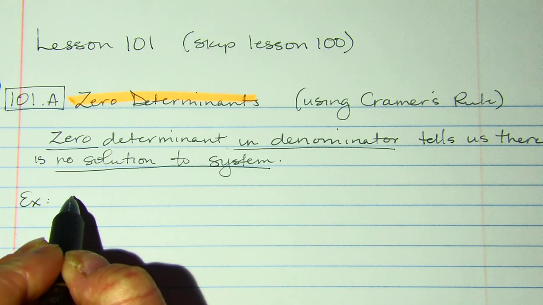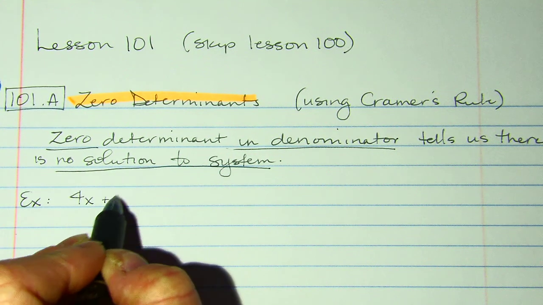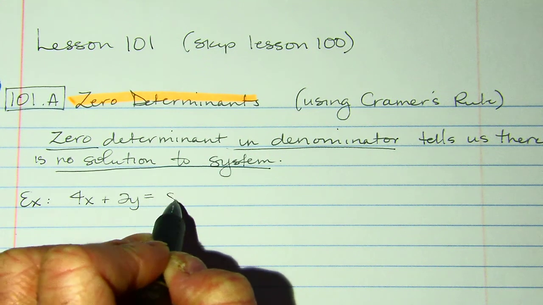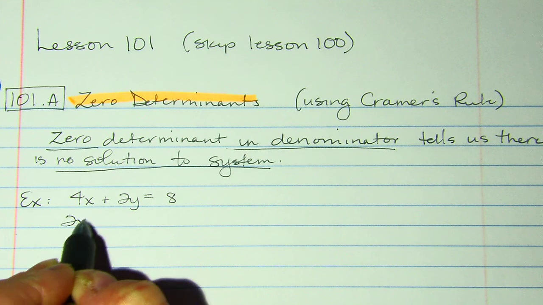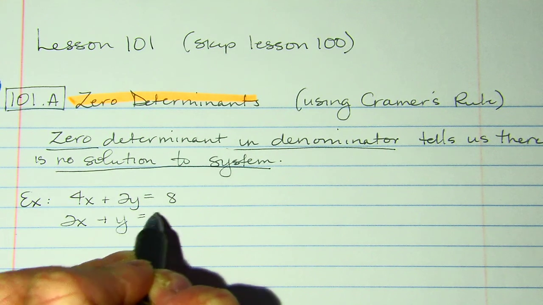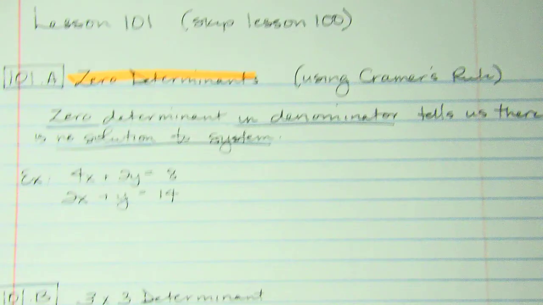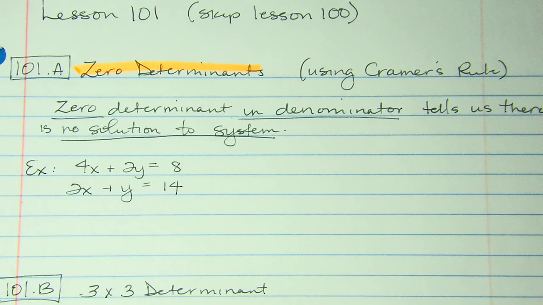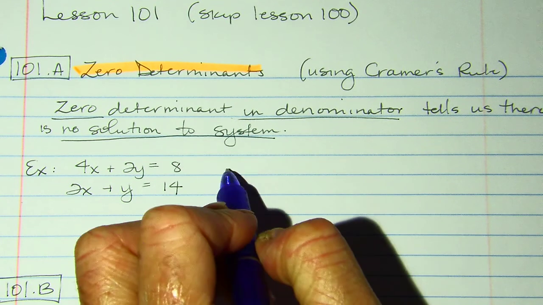So here's an example. If I have 4x plus 2y equals 8, and 2x plus y equals 14. So if I wanted to solve this system using Cramer's rule, I'm going to start with x.